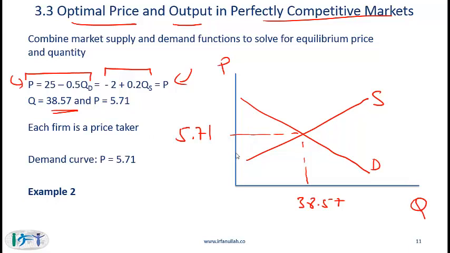What this means is that in this particular market, the equilibrium price is 5.71, and all individual firms in this market basically have to sell at 5.71. The individual firms are price takers. If a firm tries to sell for $6, nobody will buy from that particular firm.